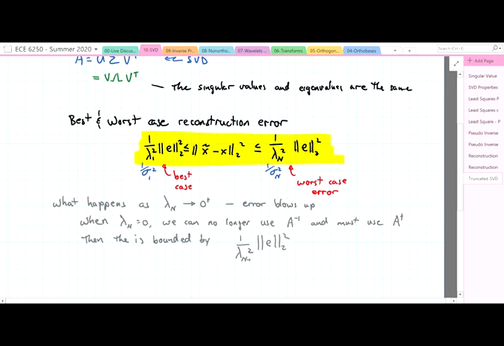Okay, did you see what happened there? When the matrix is still invertible, we already know that the pseudo-inverse and the inverse are identical. And in that case, the error just blows up.